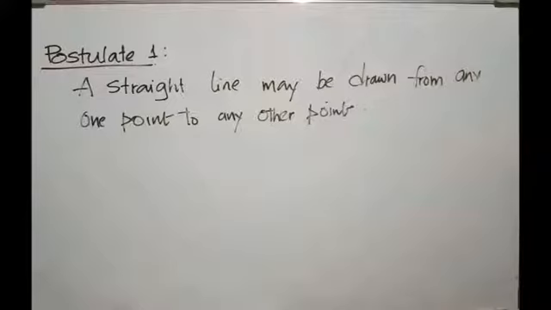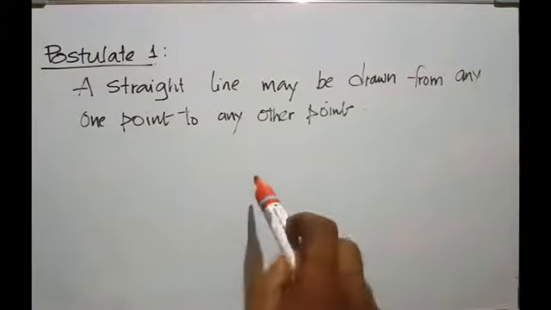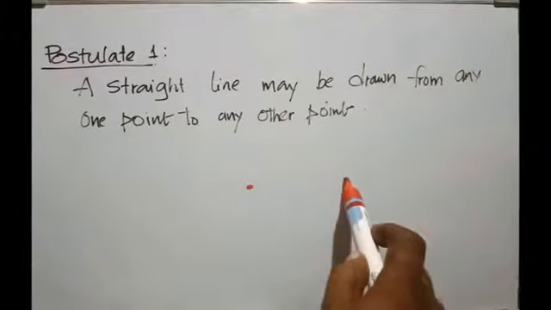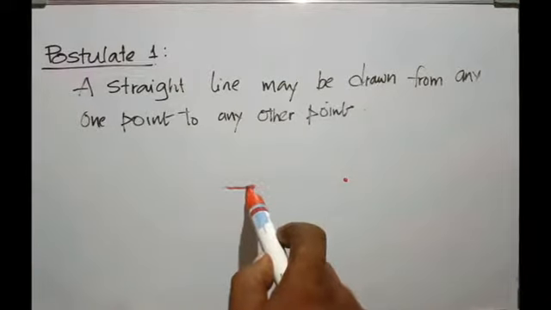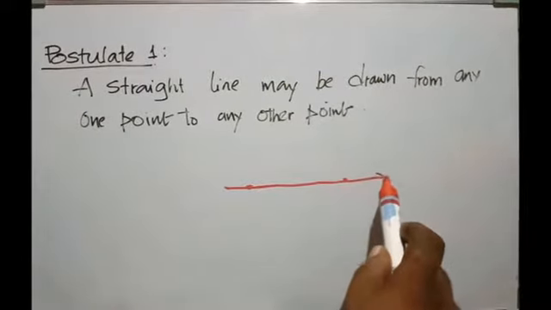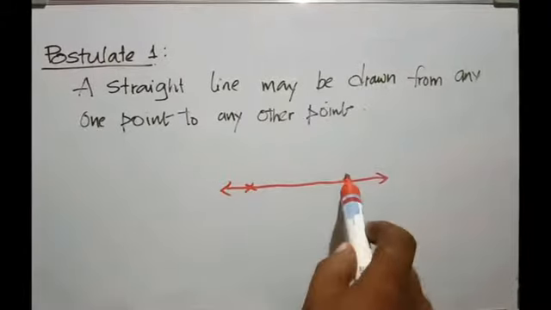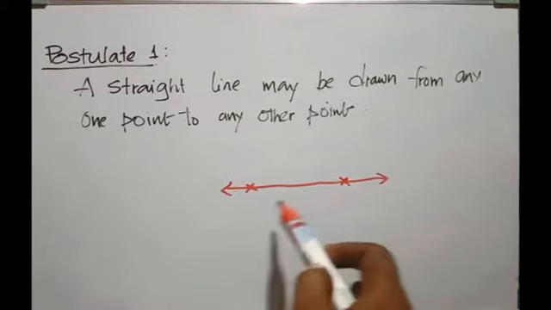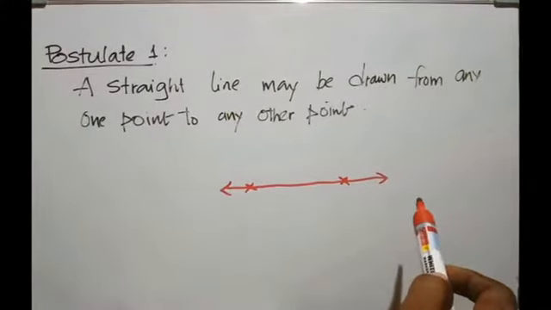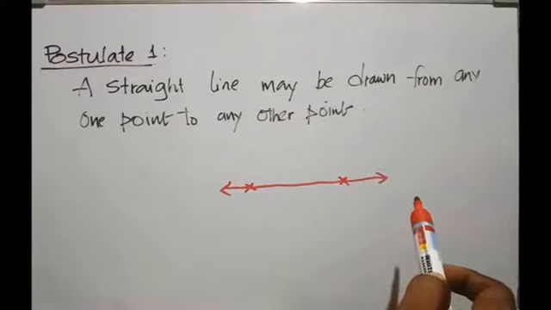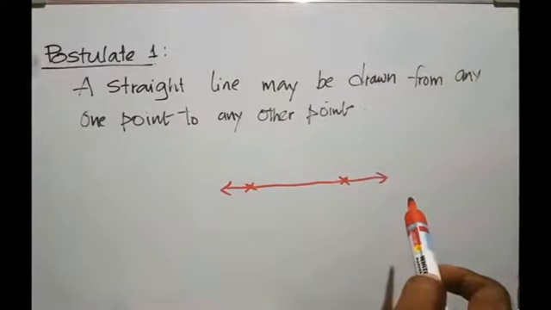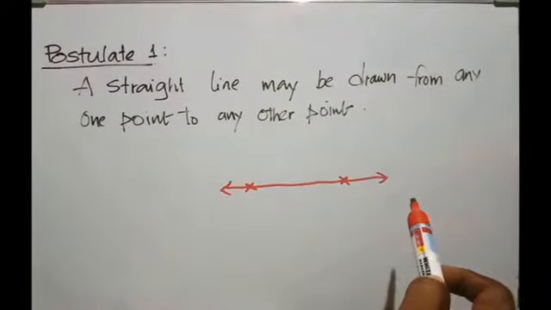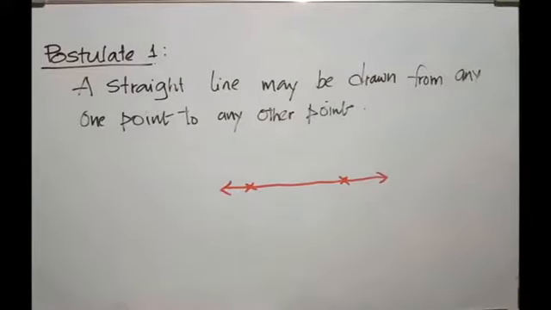So from one point to another point, a straight line can be drawn. This is a basic fact we all know, and it does not require any evidence, and it is being only in geometry, so it is known as a postulate.